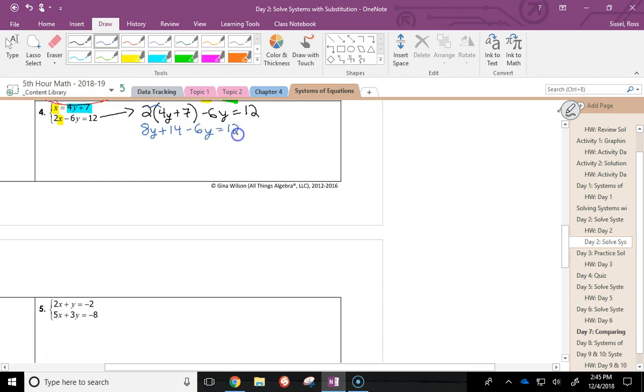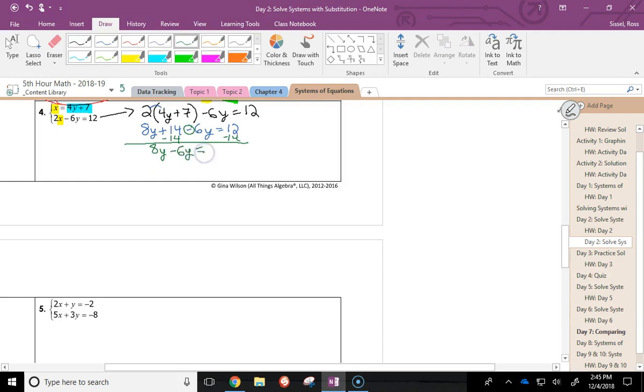Finish my equation. I do have like terms, 8y, -6y. Sometimes that's hard to see, so I'm just going to get rid of this 14 right now. It's going to be a constant, so it goes to the other side. So if I do that, I'd have 8y. Remember, this sign has to stay with me.